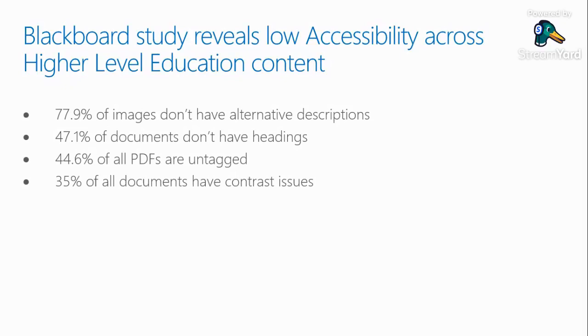In a 5-year study of over 21 million pieces of content, Blackboard found that the content we offer students is rarely made accessible. I'm also guilty of this as a teacher, or an English teacher myself. Sometimes I don't check if the content that I'm posting on my online classrooms is accessible to everybody, because not everyone has fast internet access.